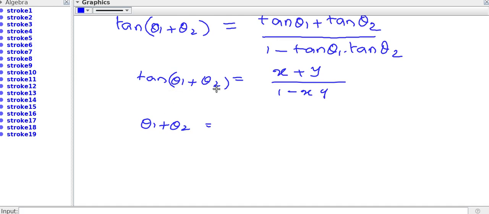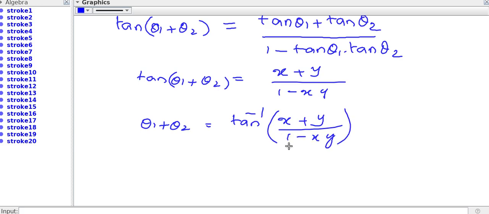So theta 1 plus theta 2 is nothing but tan inverse of x plus y by 1 minus x into y, right? We just take the inverse. This is our right hand side, RHS, that we want to prove.